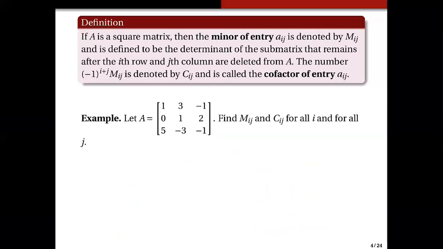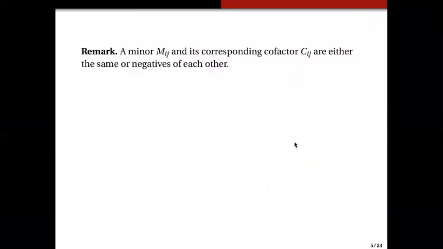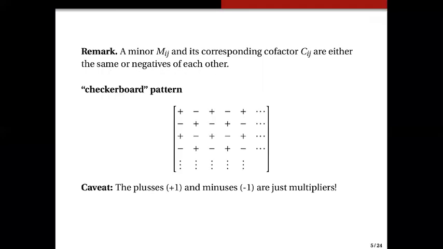And what is this? So, yep, I have this blank example here. A minor Mij and its corresponding cofactor Cij are either the same or negatives of each other, just like what I mentioned earlier.